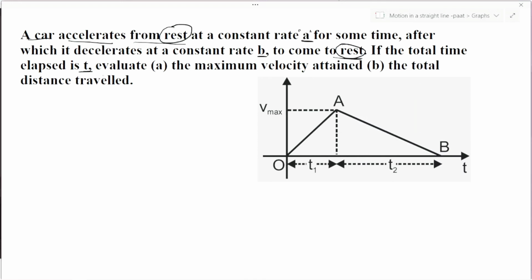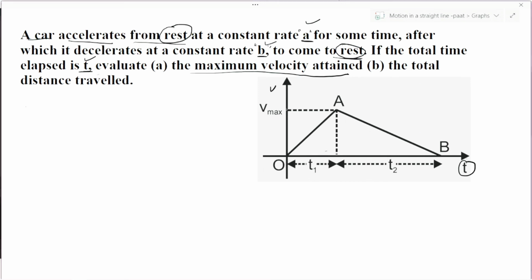Evaluate, that means we have to derive the formula for the first part, which is the maximum velocity V max. For this we are taking two sections. The first section is OA, in which the car is accelerating with acceleration a for time t1.